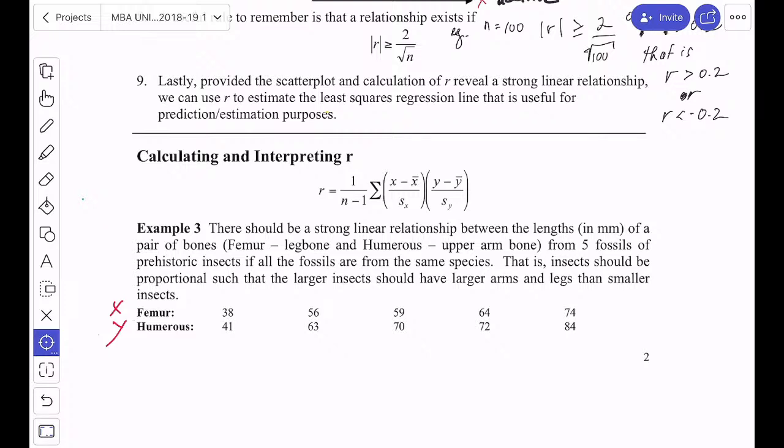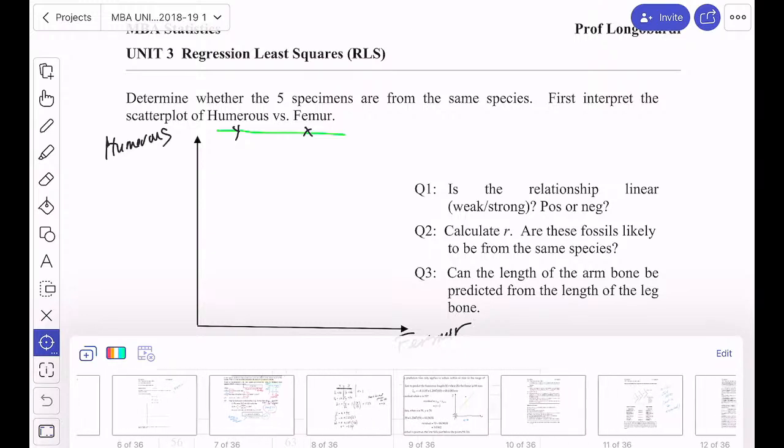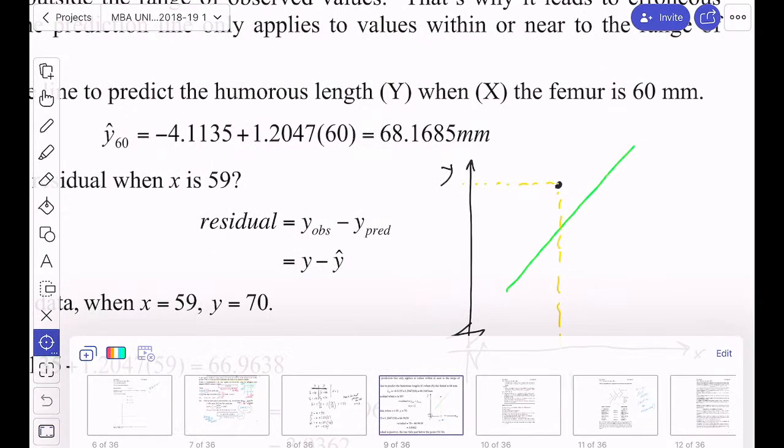So we're going to make a prediction. So it doesn't equal 60.